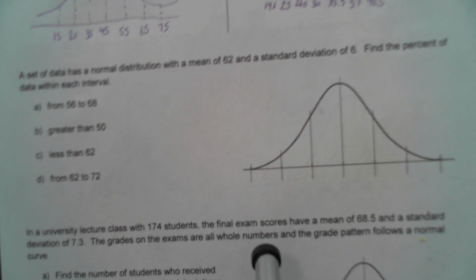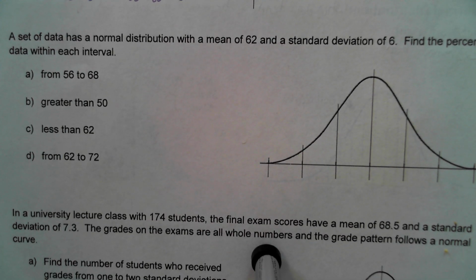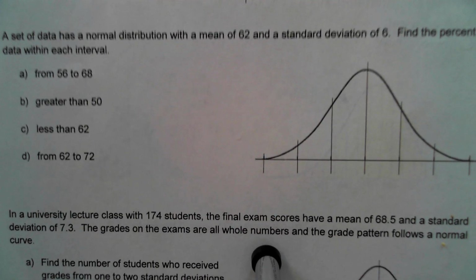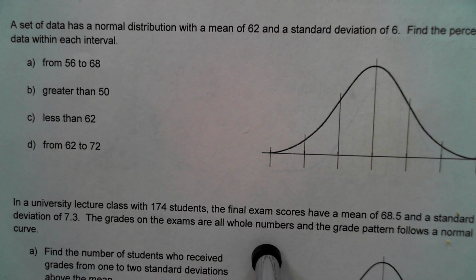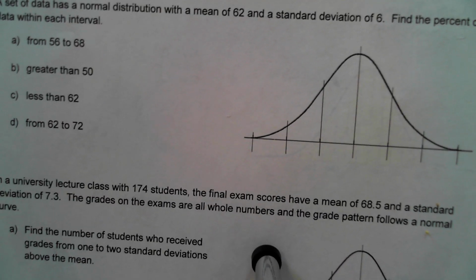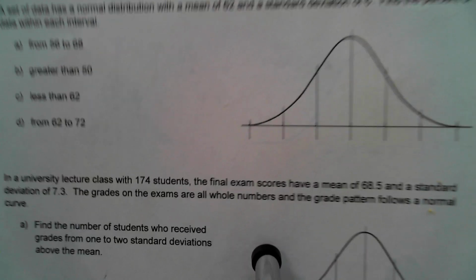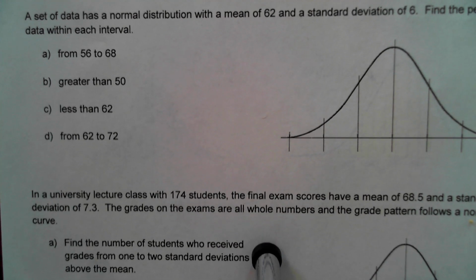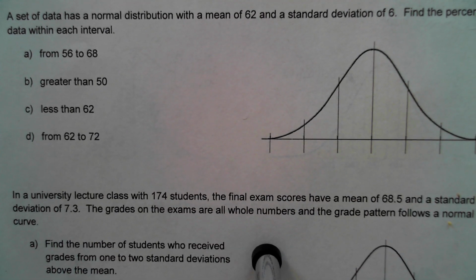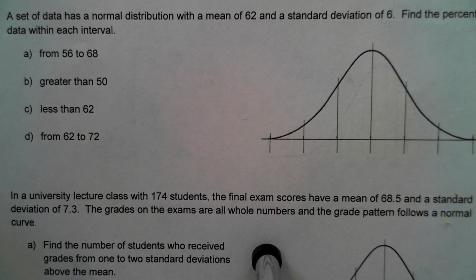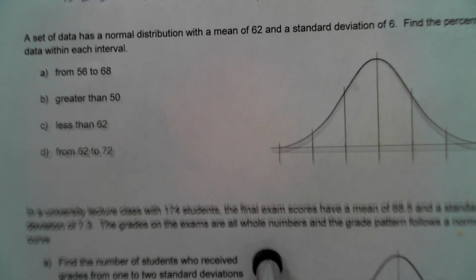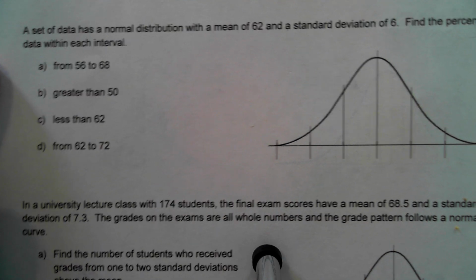All right, the next problem says a set of data has a normal distribution with a mean of 62 and a standard deviation of 6. Find the percent of data within each interval. Sorry, the question goes off the page a little bit there. So let's first of all just create our normal curve here.